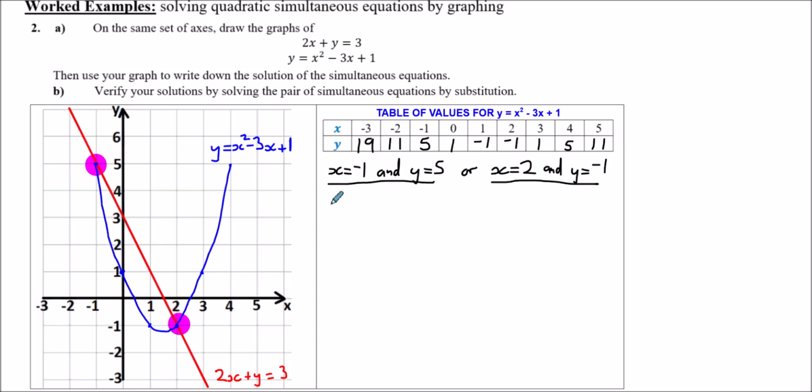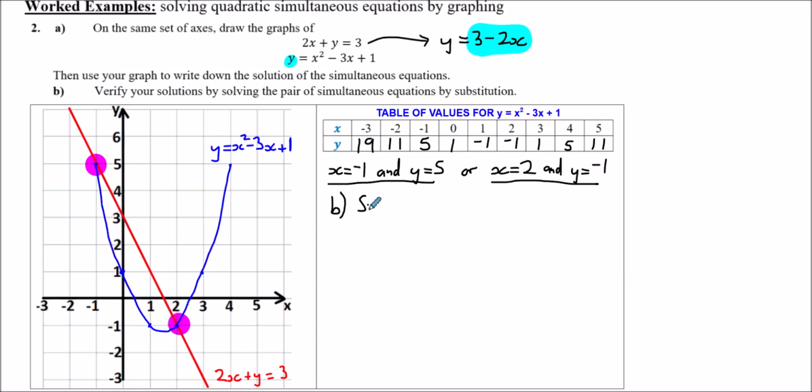For part B, though, we need to verify this algebraically. So for part B, what we need to do is show this using algebra. So if I have a look at this top equation here, 2x plus y equals 3, we could rearrange this to say y equals 3 minus 2x. So in other words, we can substitute in 3 minus 2x in place of y.